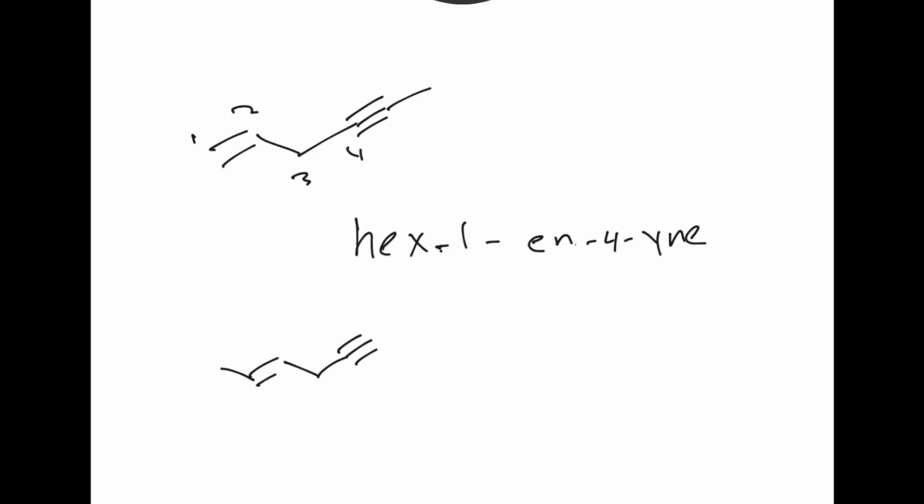You're saying, which one puts the lowest possible number in my name? So this is going to be hex-4-ene-1-yne. It doesn't really matter. You just kind of switch back and forth.